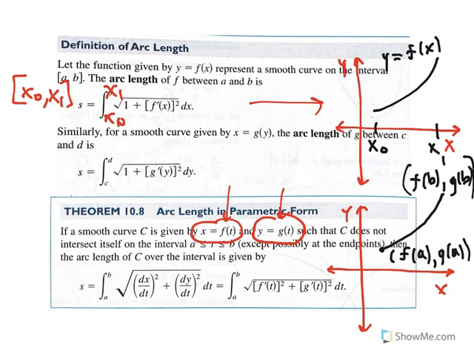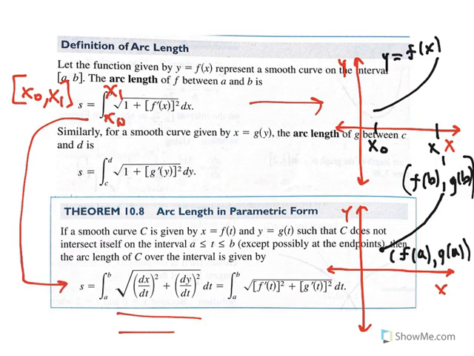And we have a smooth curve given by a set of parametric equations such that the curve does not intersect itself on the interval of parameter values from a to b, except possibly at the endpoints. Then the arc length of the curve over the interval from t is equal to a to t is equal to b is given by this integration formula. And we're going to see how we get this from what we had in section 7.4.